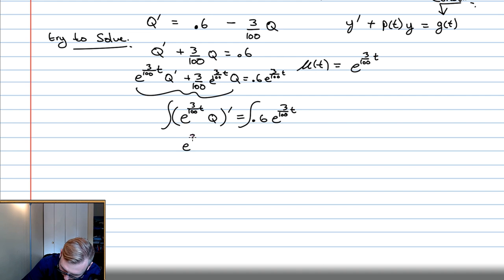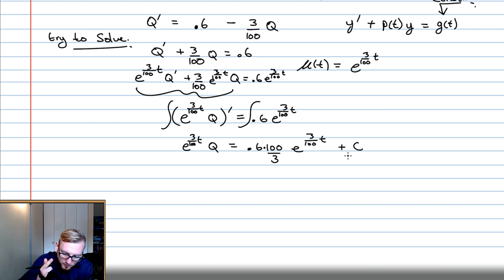We got e to the 3 over 100 t q equals, well, it'll be 100 over 3 times 0.6 e to the 3 over 100 t plus some constant. 0.6 times 100 is 60. 60 divided by 3 is 20, right? So we're just going to write this as 20 e to the 3 over 100 t plus c.